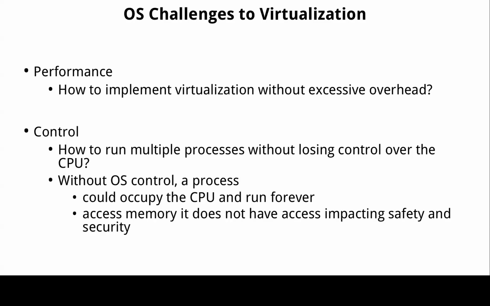When we switch those processes, there are so many things we need to consider. First of all, if we only have one CPU, it can only execute one instruction. That instruction either belongs to some process or belongs to the kernel. As long as you are running a process, the process may never give control of the CPU back to the kernel, because your application code could be a while loop, a for loop, an infinite loop.